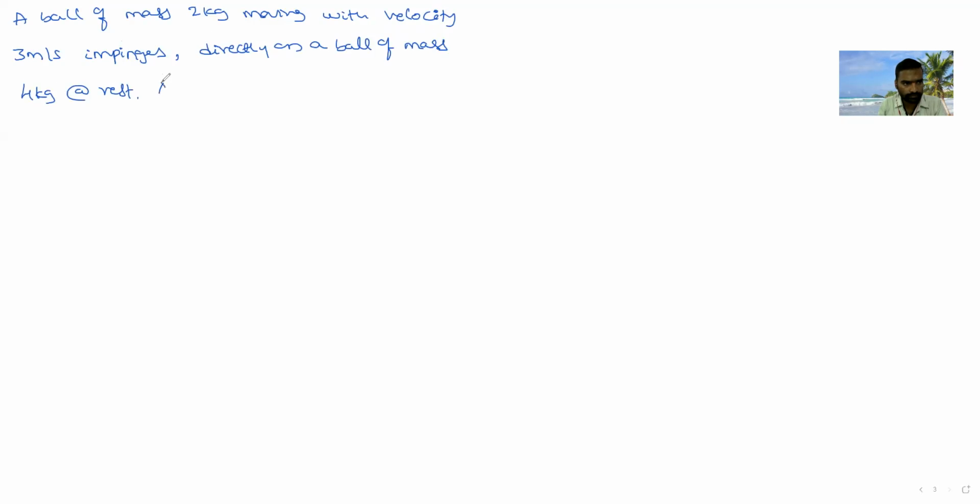After the impact, the 2 kg mass ball comes to rest.